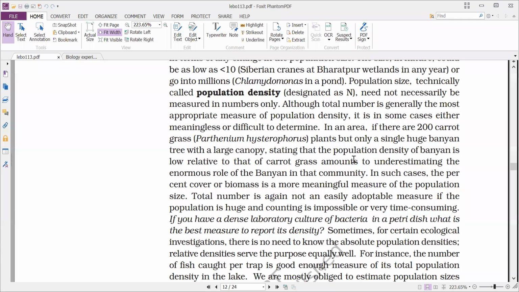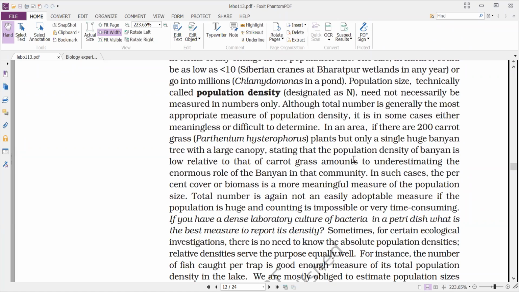In such cases, the percent cover or biomass is a more meaningful measure of the population size. So in that case, to study the population density, we take into consideration the amount of biomass that is added by that population in that ecosystem in a year.